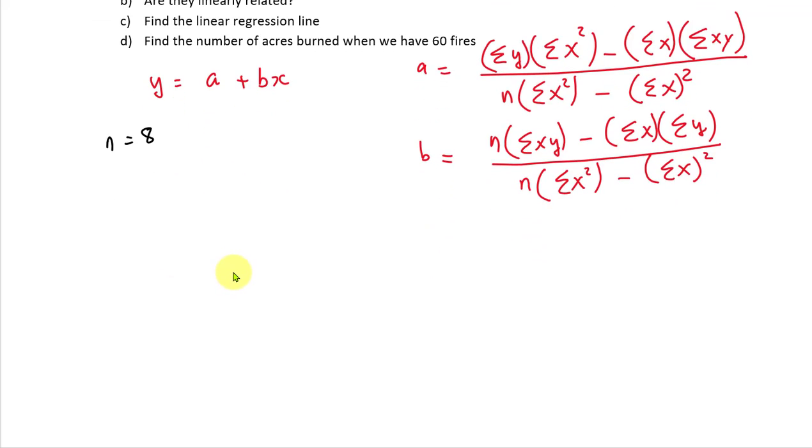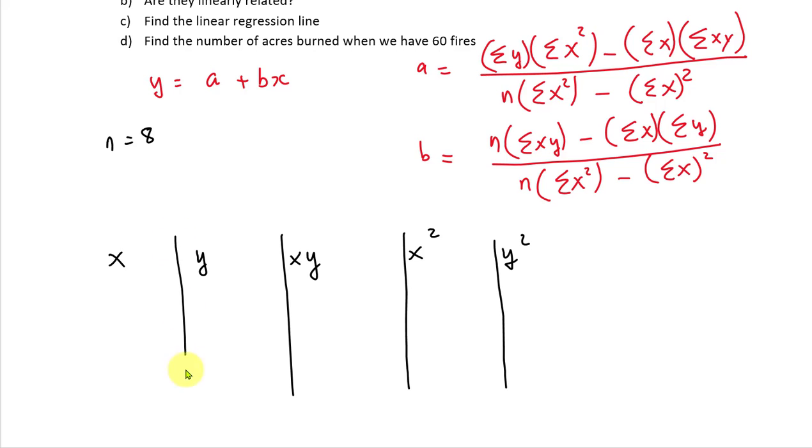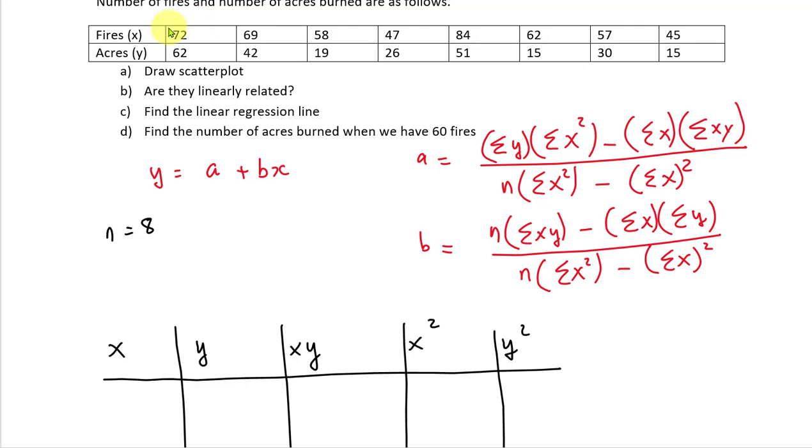Now, in order to find all of these values, we should construct a table because it will organize everything and make it look nicer. So I have the x column, the y column, the xy column, the x squared column, and the y squared column. Make sure that you put all the x and y values from the data into the table.